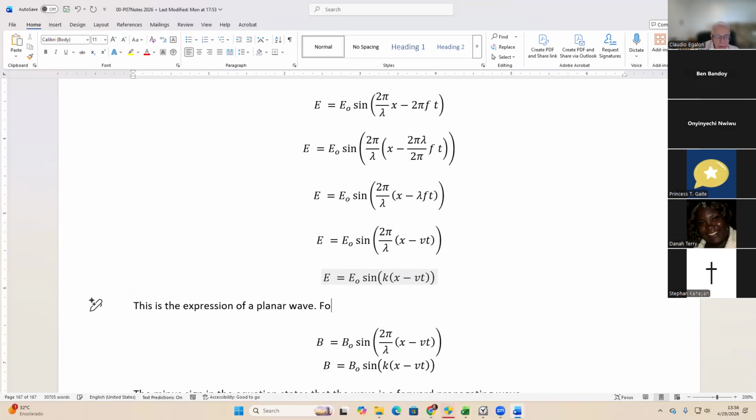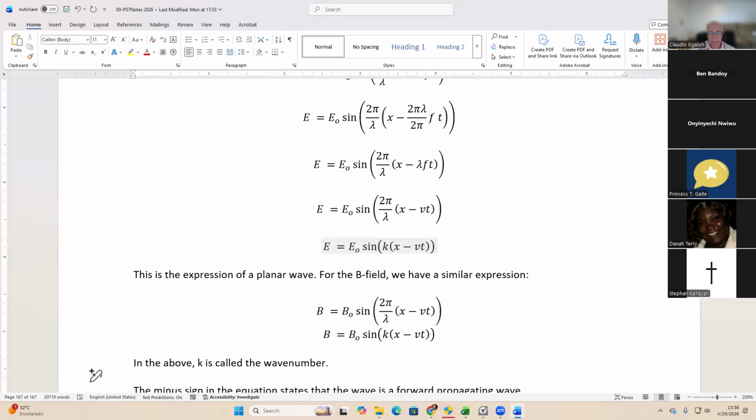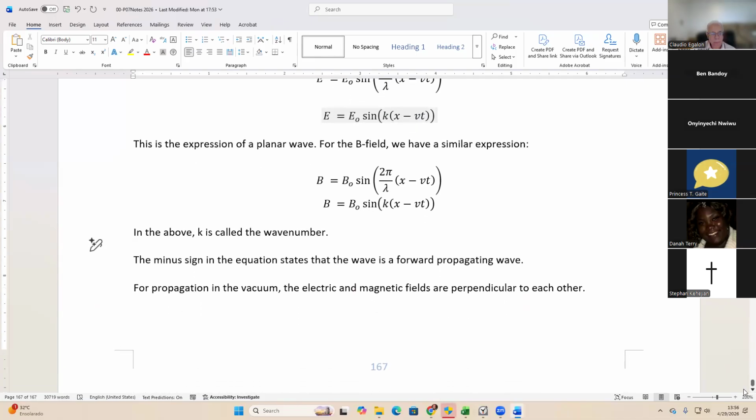For the B field, we have a similar expression. In the above, k is called the wave number. Perpendicular to each other. So here we go. How are we going to express that?